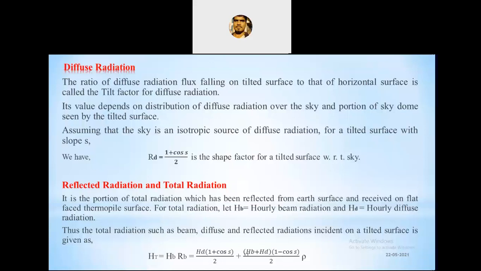So hence the components of the sun, beam radiation, diffuse radiation, and solar radiation reflected from the ground, on tilted surfaces, are considered, and the above corrections are done. So totally, this R value is equal to HB by H into RB plus HD by H into (1 plus cos S) divided by 2 plus (1 minus cos S) by 2 into rho.